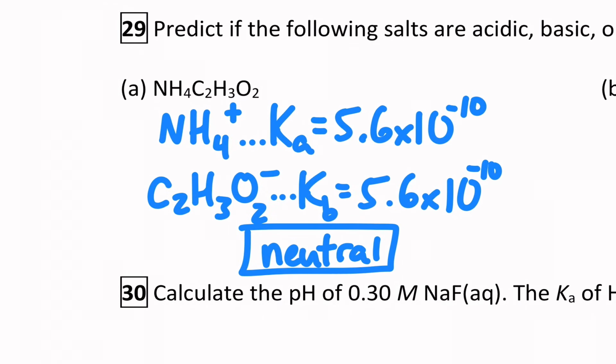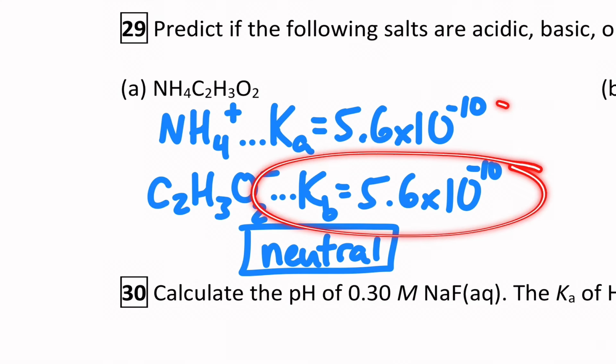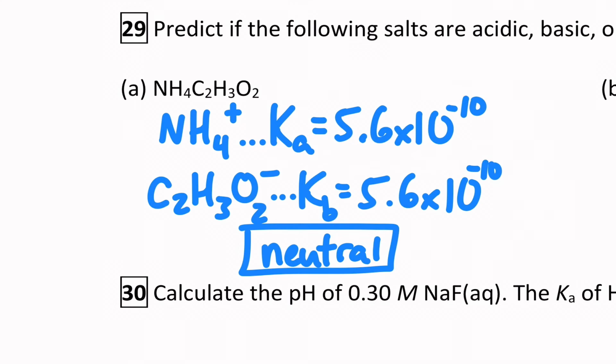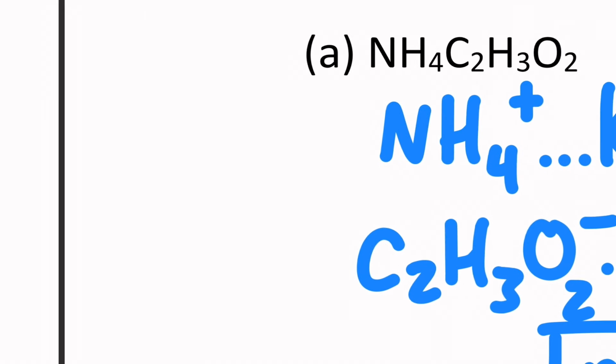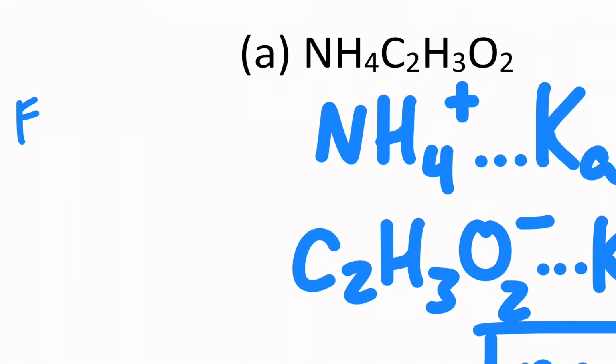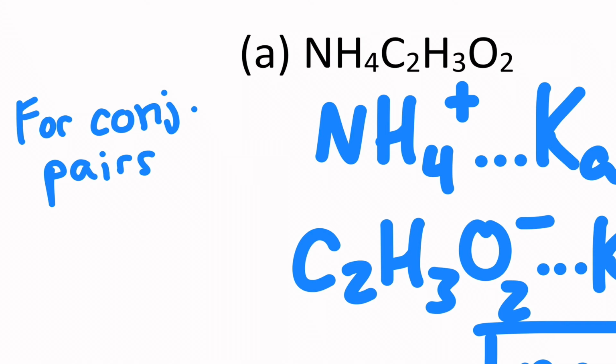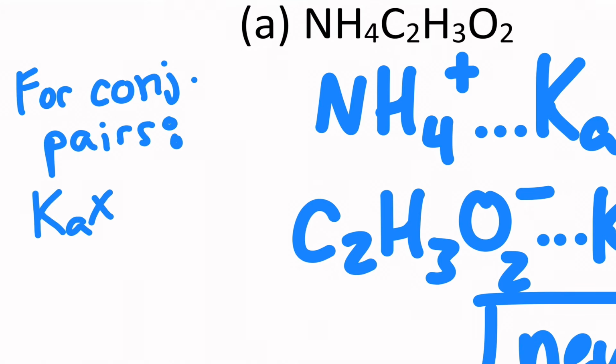By the way, it's a good time to interject. Maybe I don't have a Kb table, and I only have a Ka table. So let's make a note off to the side. For conjugate pairs, the Ka times the Kb is actually equal to Kw.